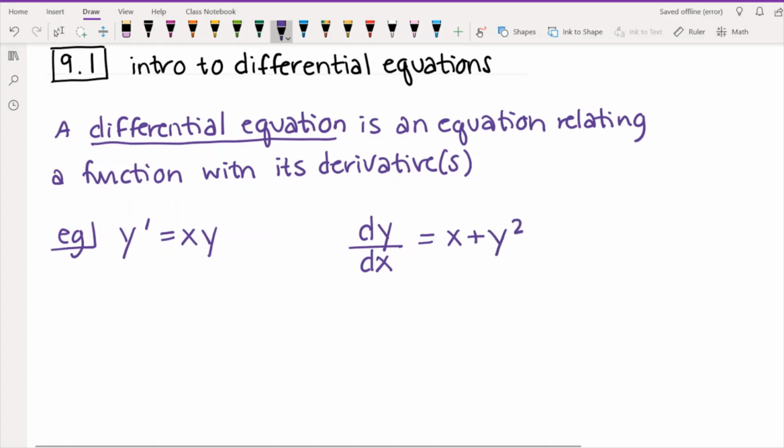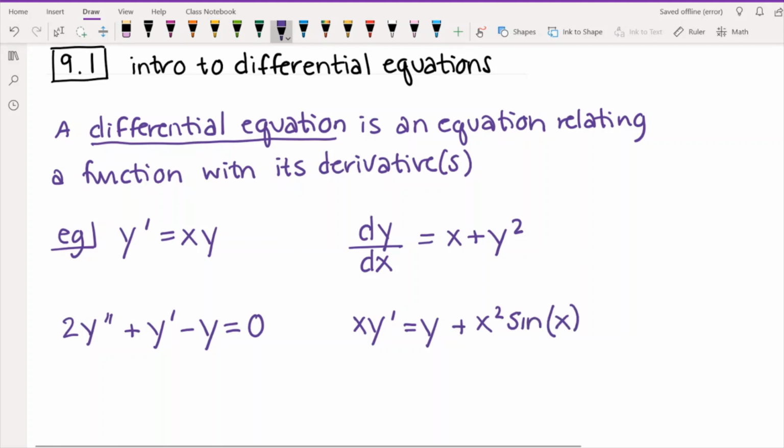Sometimes they also involve second derivatives. Another example could be 2y double prime, so the second derivative, plus y prime minus y is equal to 0. And one last example could be x times y prime is equal to y plus x squared times sine of x.